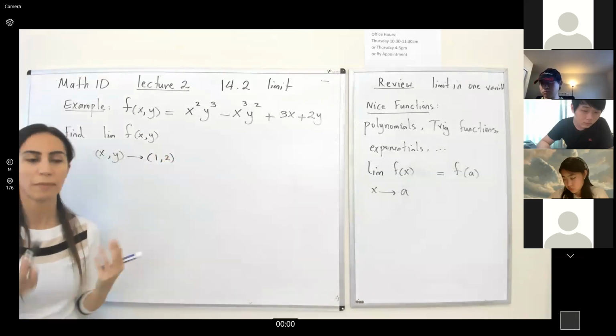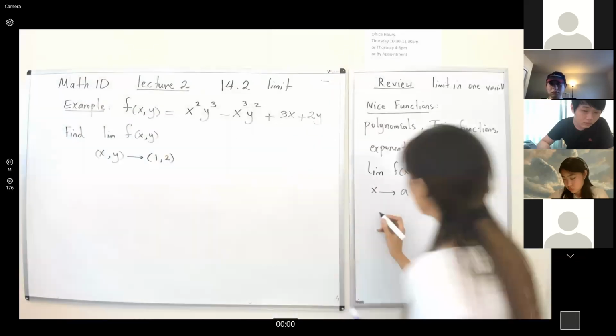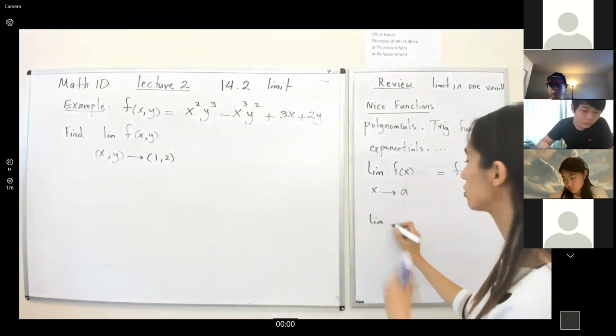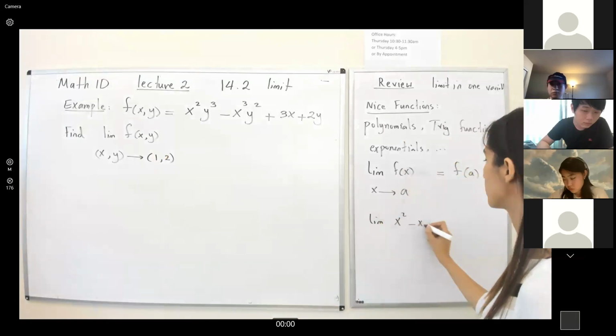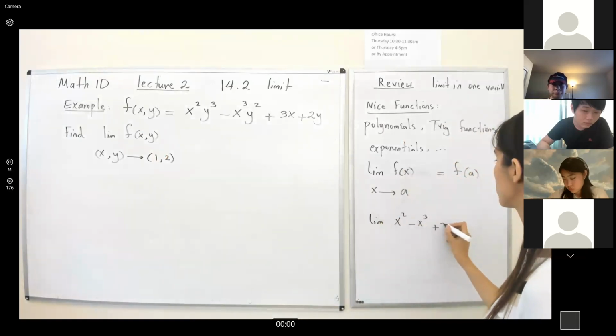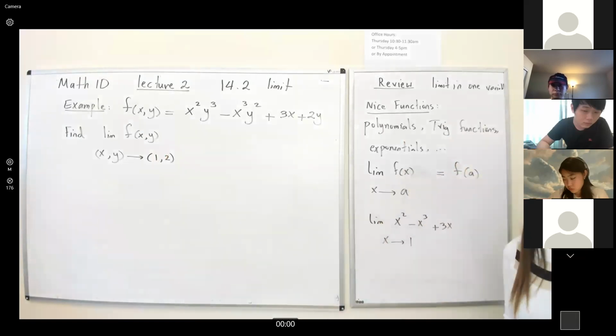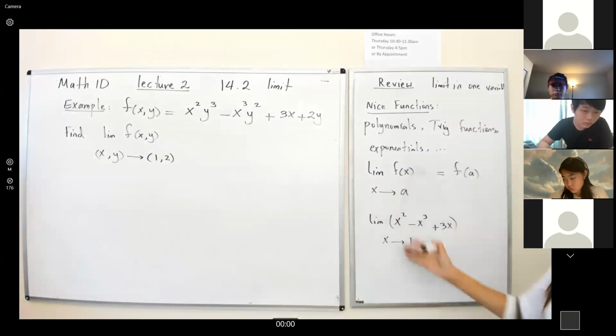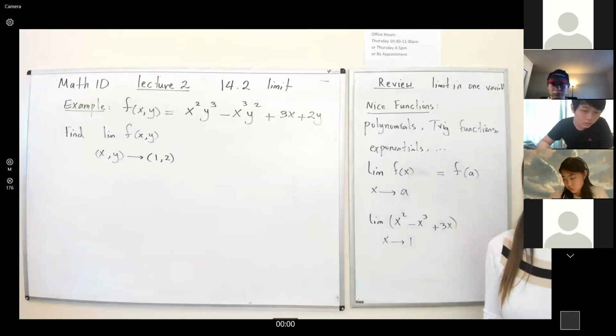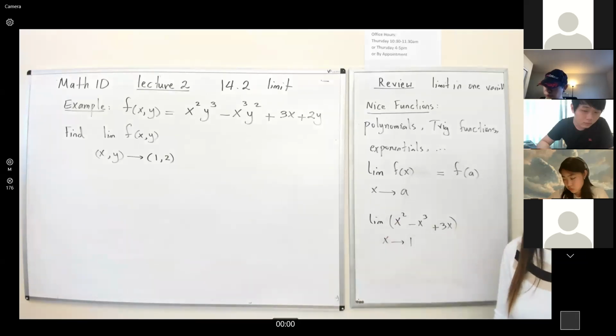So it's the same as saying, hey, find the limit of the function x squared minus x cubed plus 3x while x goes to, for example, 1. You have a polynomial, and then you plug in the value to find the limit of the function.